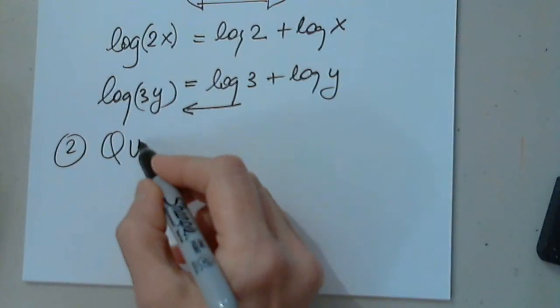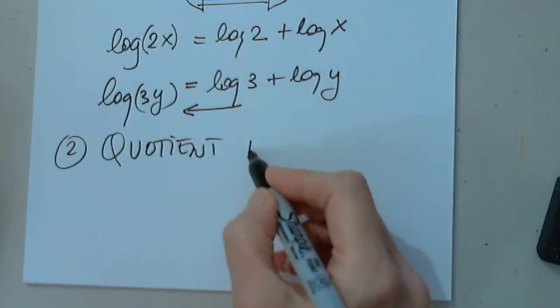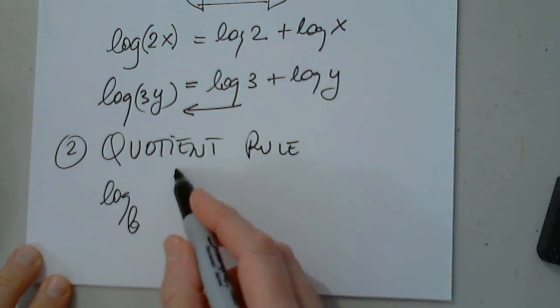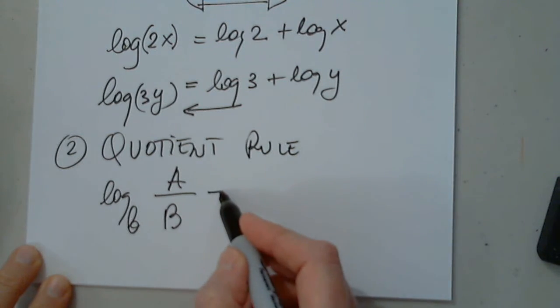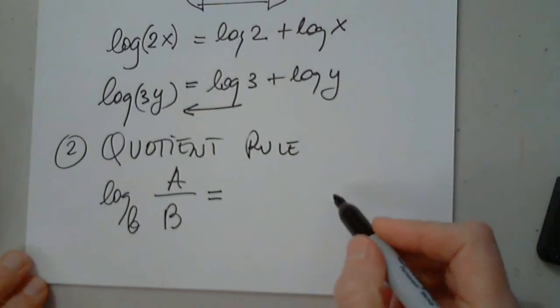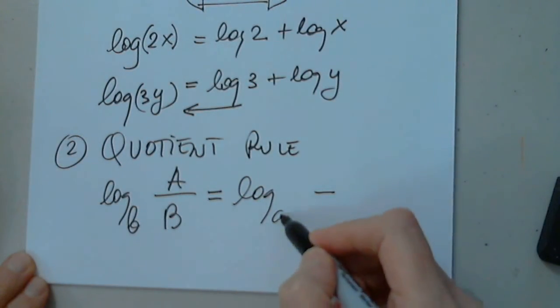Quotient rule. Exact same thing. Log of any base of A over B. What do you think? What is a wild guess here? It's okay if you're wrong. If you're not wrong, I will not have anything to say. So, what do you think? Log A minus log B. Exactly.